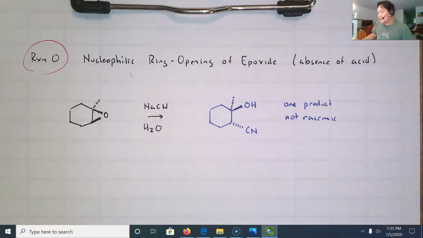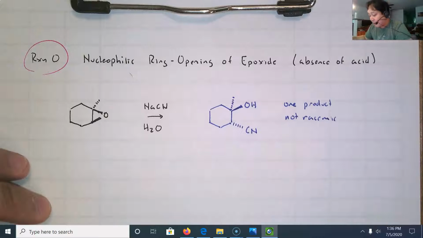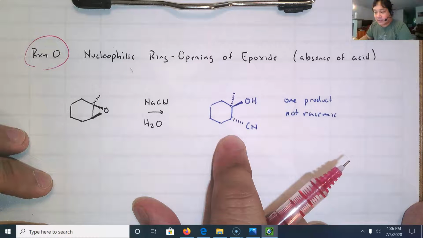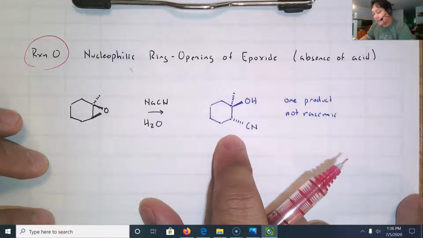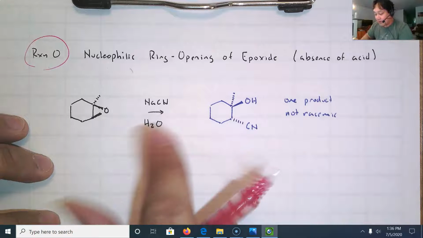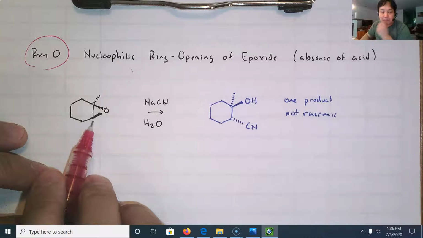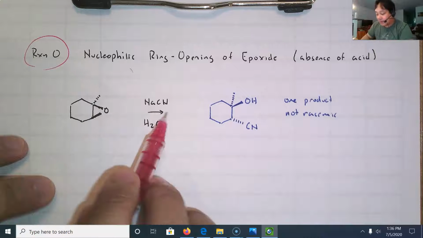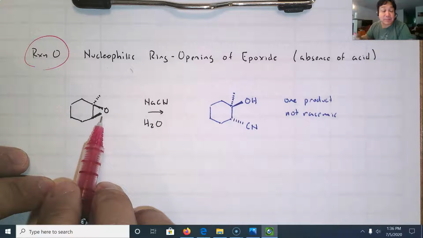What can we generalize if we saw this result? Well, if this is our result, and we do some analysis, we could say that when we reacted with a nucleophile, the nucleophile goes on the less substituted carbon. Not only that, the nucleophile comes from the opposite side of where the oxygen was. This is backside attack.